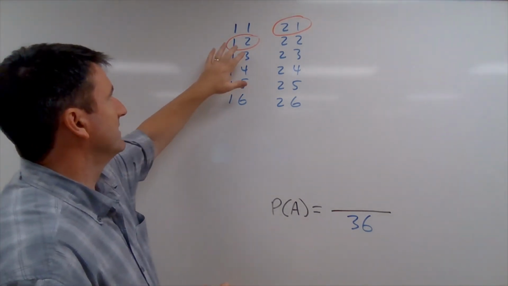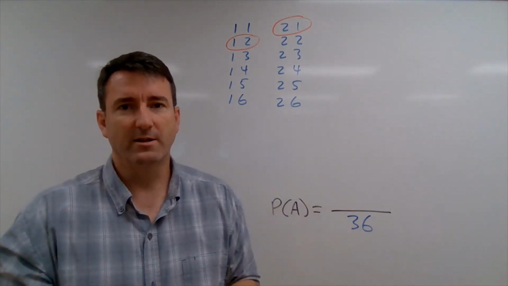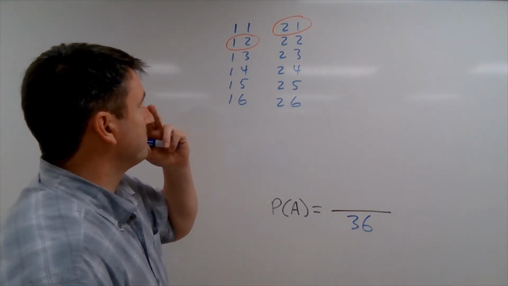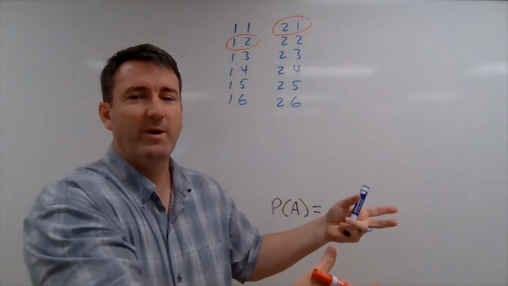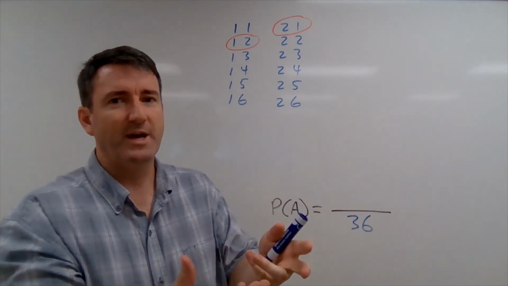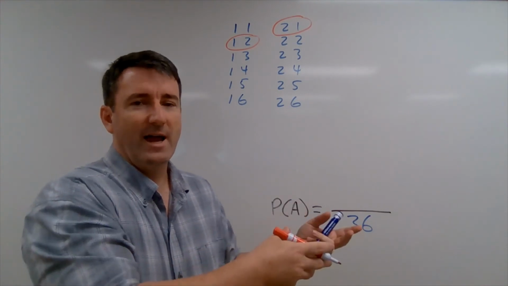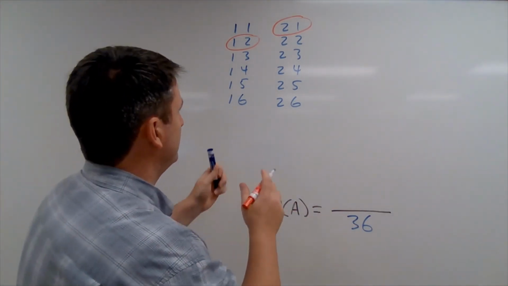So it might be helpful if you imagine 2 different colored dice, so that if the red die is a 1 and the blue die is a 2, that's going to be different than the blue die being a 1 and the red die being a 2.